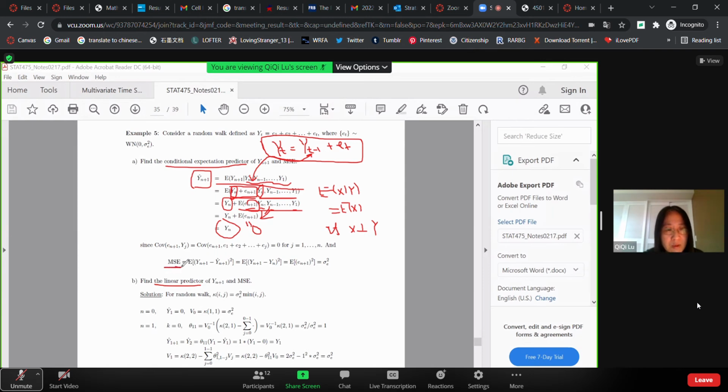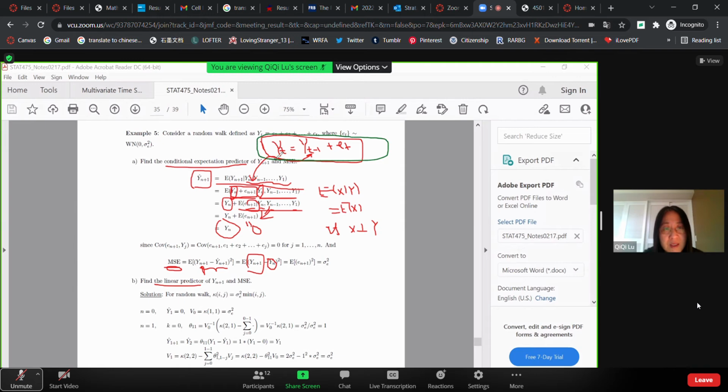Now, the mean square error associated with this prediction. By definition, that's the expectation of the forecast error squared. So Y n plus 1, the first term, minus the forecast value, squared.